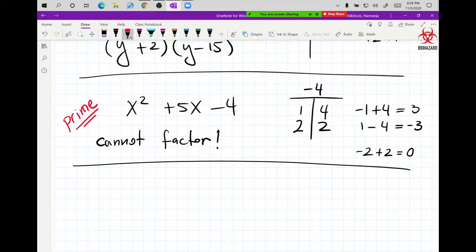There are infinitely many prime numbers out there, but you have this idea, same for polynomials. So whatever cannot be factored, we say it's prime. And again, the only time you know that something is not factorable is because you just can't make these things work. You can't make signs work out.